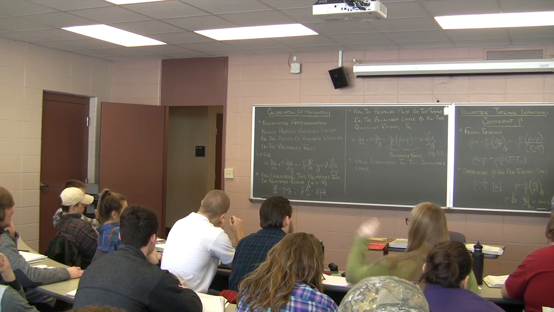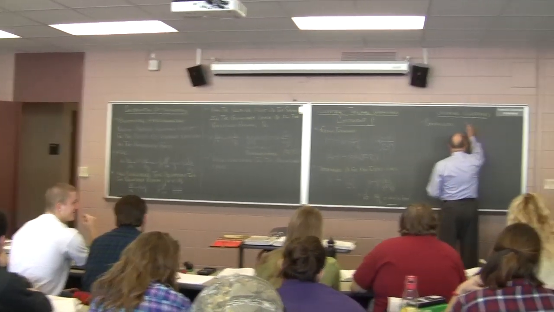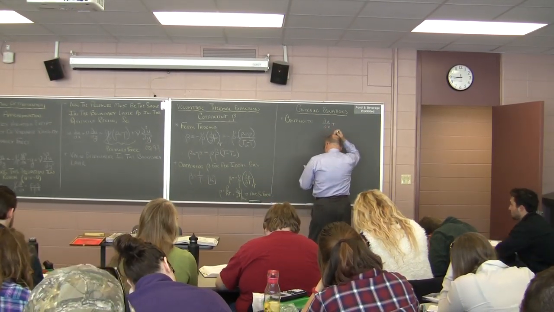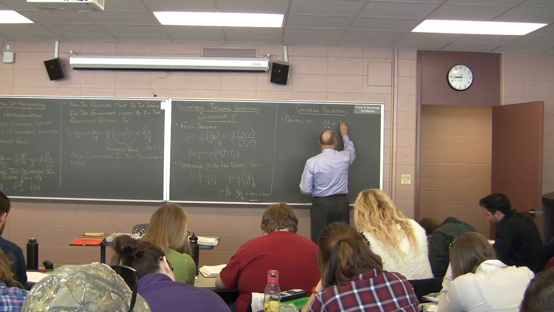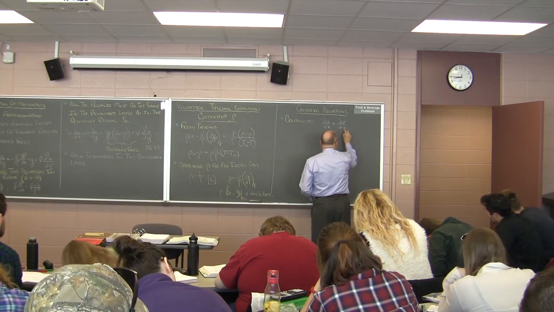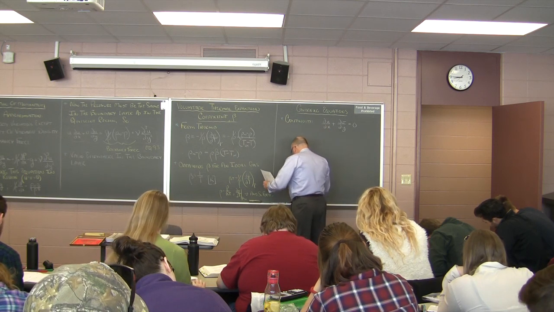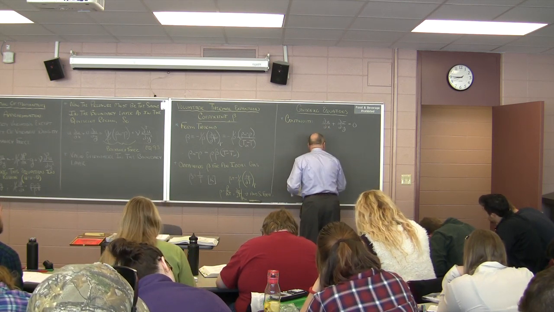All right. Continuity equation: the partial of u with respect to x plus the partial of v with respect to y is equal to 0. We've seen that now a lot. This is equation 9-6.